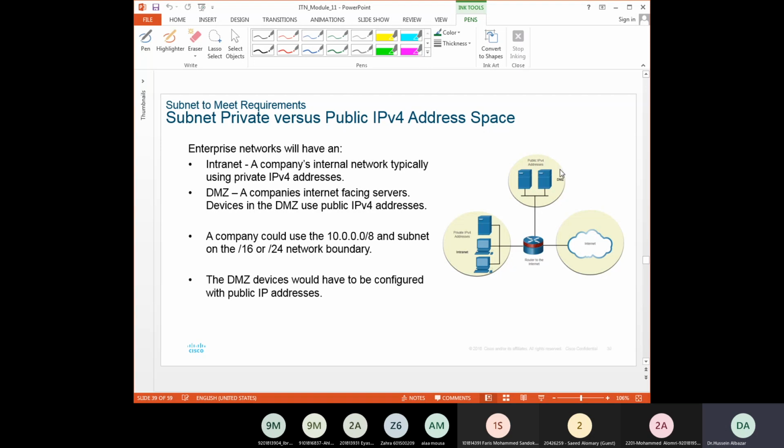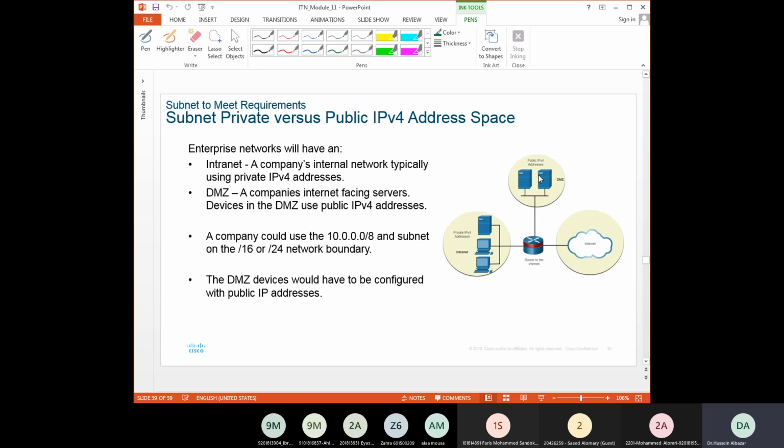So what we are talking about here is a public IP address, not a private IP address. The company's internet-facing servers, the devices in the DMZ, use public IPv4 addresses.